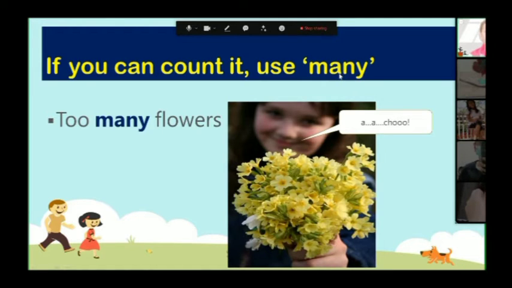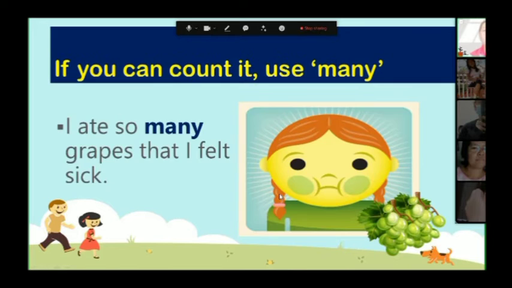Everybody say many. Many. Okay, examples. Flowers. Can we count? Yes. We say too many flowers.